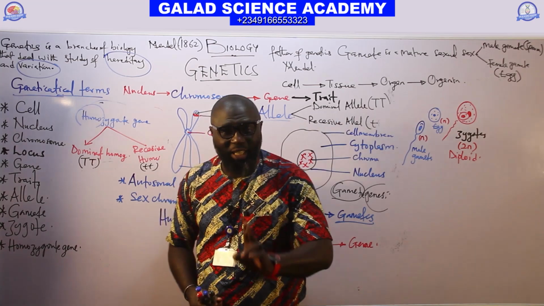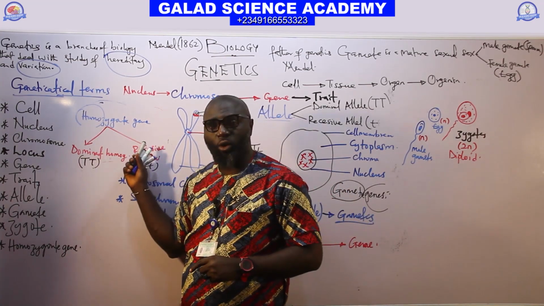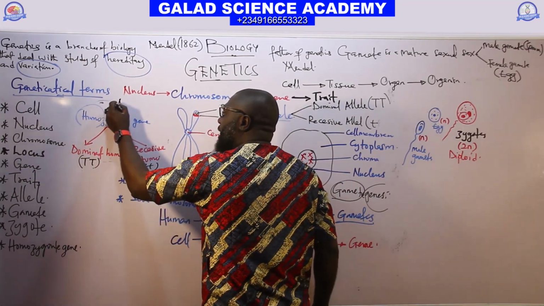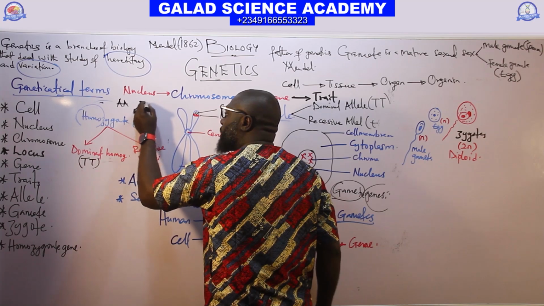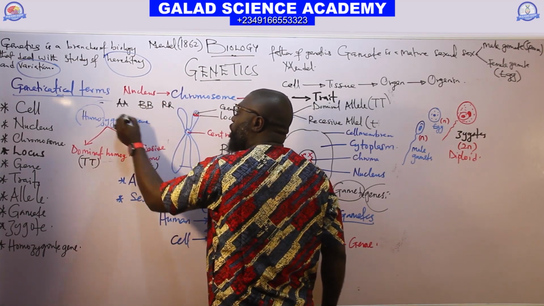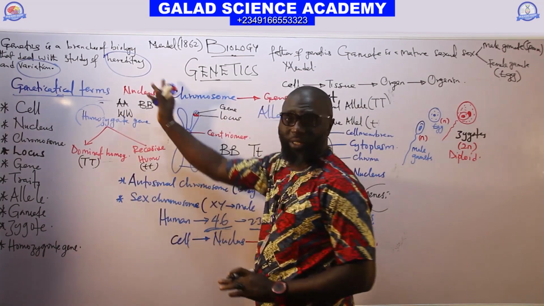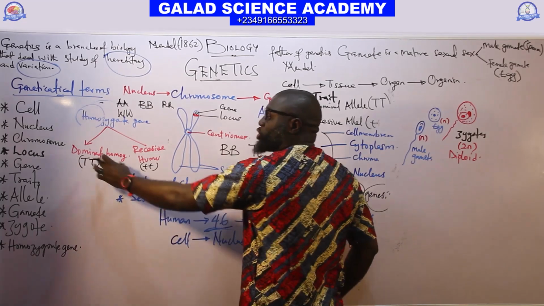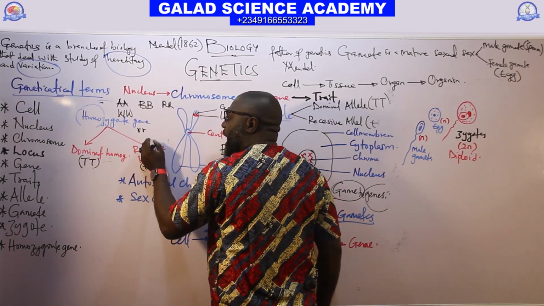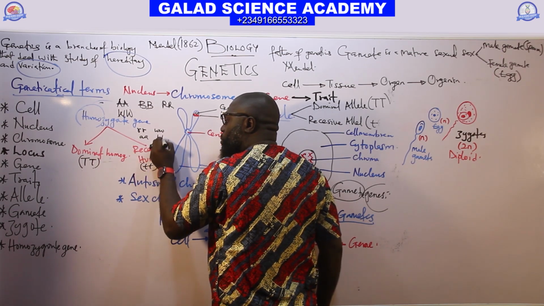So if two similar genes control a character, we call it homozygous. For homozygous dominant, we may have AA or BB, or RR, using two capital letters. Homozygous recessive may be small letter rr, ww, small a, small b.